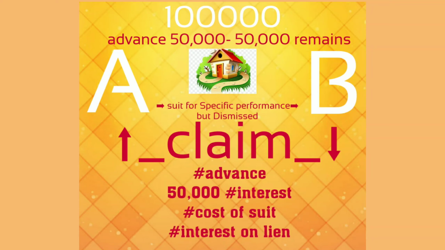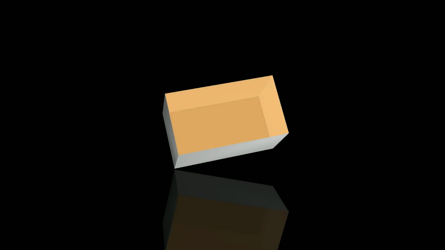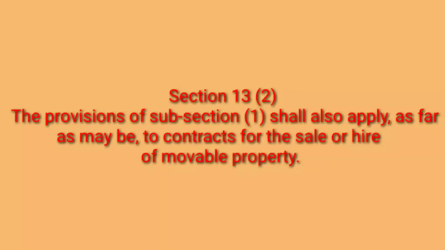Now moving forward, there is also section 13 subsection 2. Section 13 subsection 2 says the provisions of subsection 1 shall also apply as far as may be to the contract for the sale or hire of movable property. That means section 13 applies to both movable as well as immovable property.